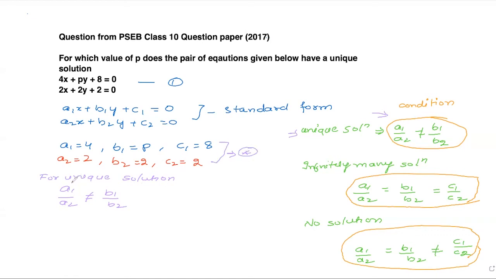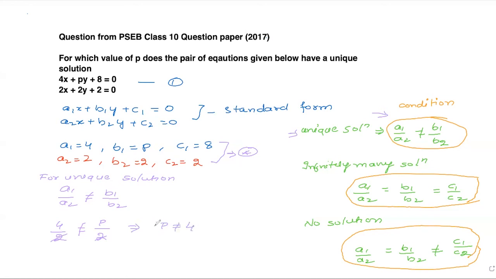If you put the values from star, you can see 4 by 2 is not equal to p by 2. And this 2 and this 2 cancel out with each other. We have p should not be equal to 4.